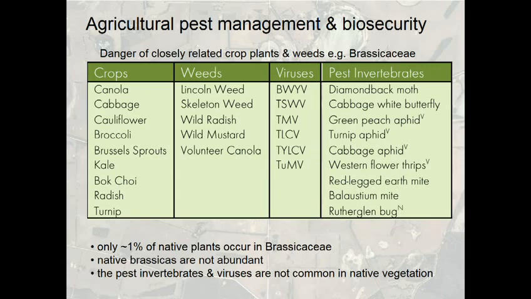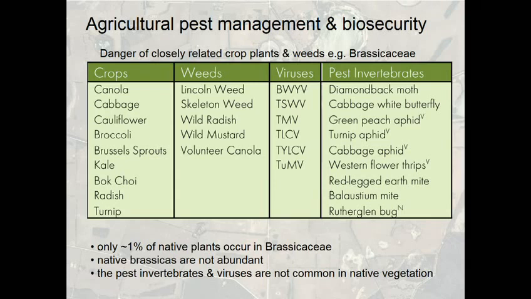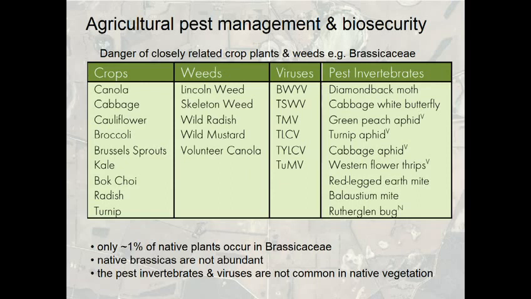And some of the invertebrates that I've shown there, so these three aphids and the western flower thrips, are viral vectors. So these things don't matter so much because they chew on plants, but they transfer viruses into crop which have a big effect. But if you look in native plants, and these figures come from KI, so it'll vary a little bit in other places, but there's not many brassicas in native vegetation.